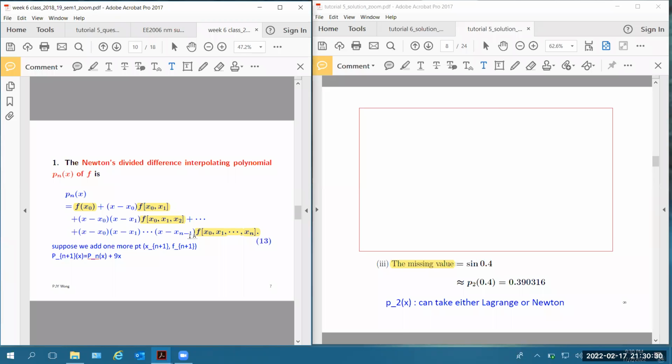The last term is x minus x0, x minus x1, and so on, and the last one will be x minus, anyone want to tell me, x minus what? The last one here is what? Class? Now this one is not the last term. So for Pn+1(x), this will be x minus x, what's that? The last term?